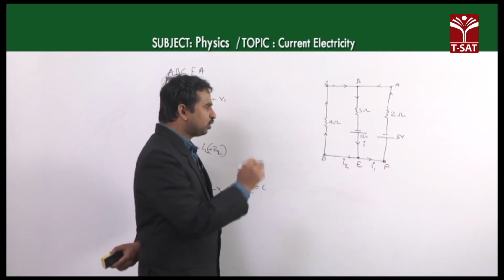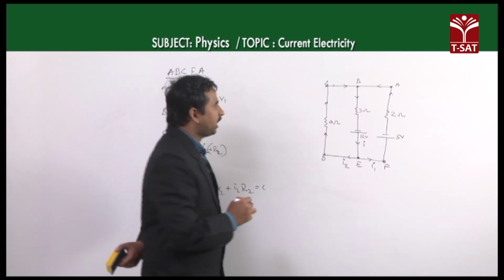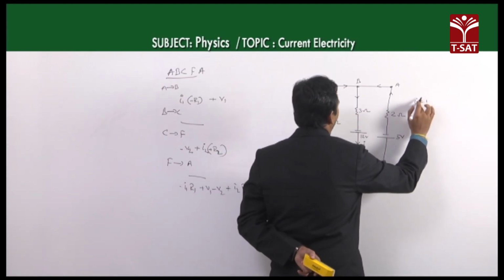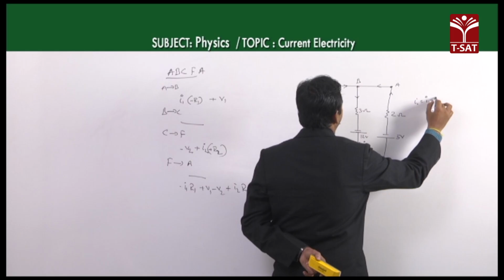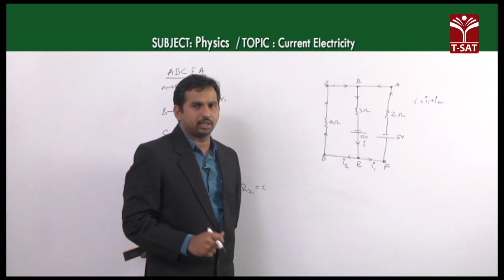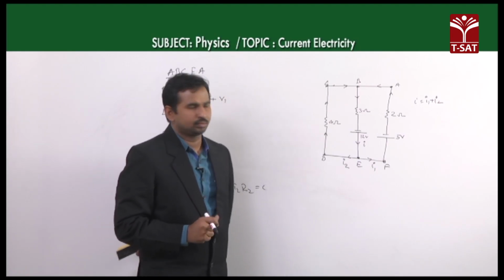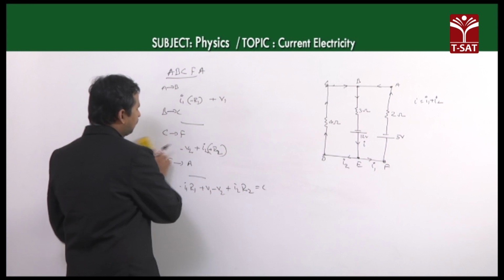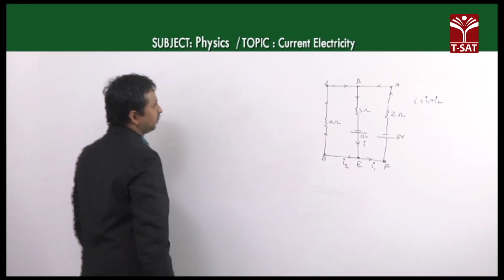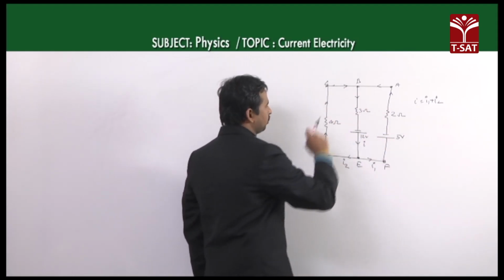The total current passing through that 12 volts battery is I, where I is equal to I1 plus I2. Okay. We have a total of 2 small closed circuits here: this is one closed circuit and this is another closed circuit.